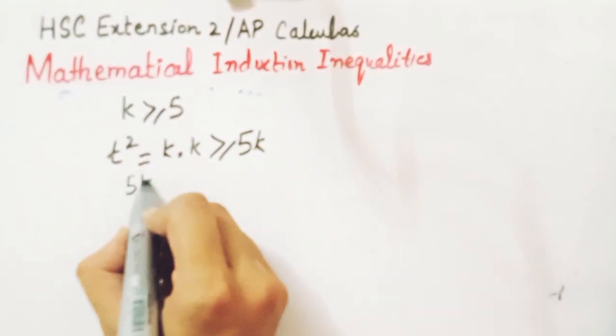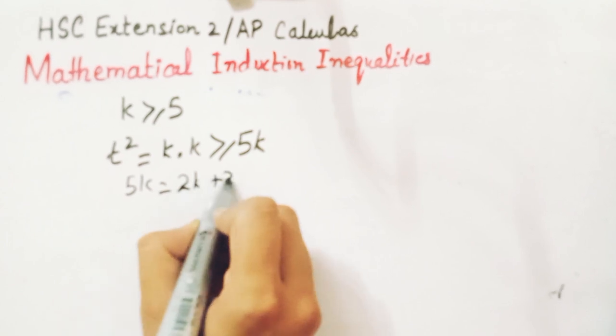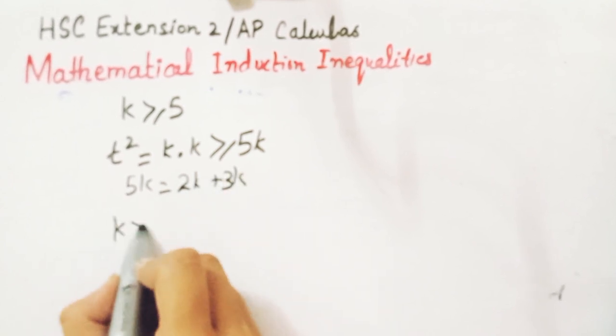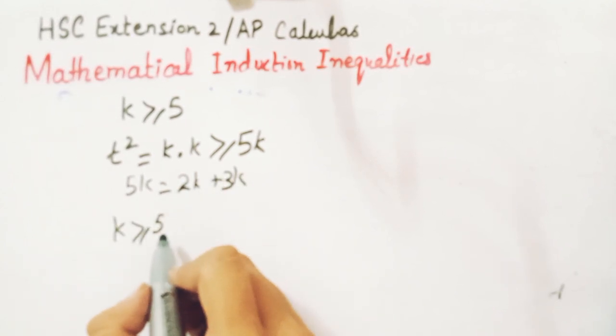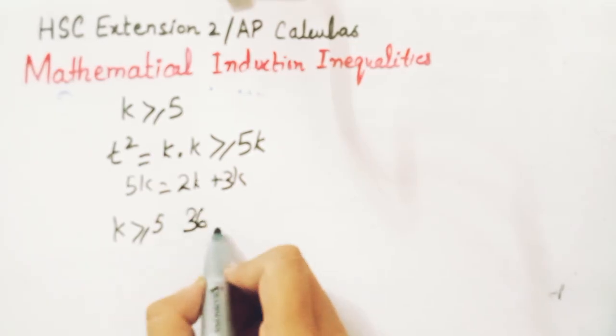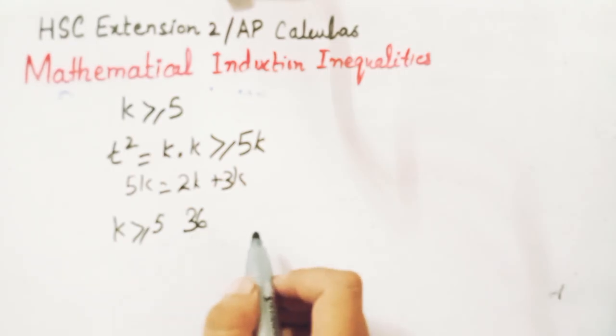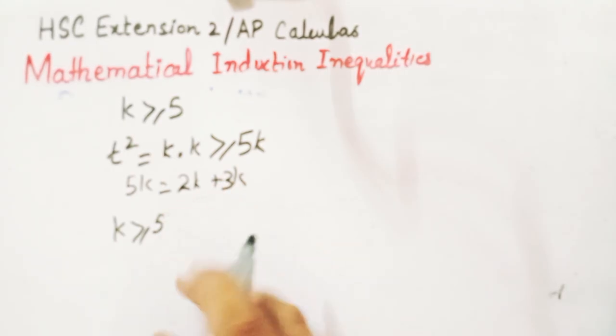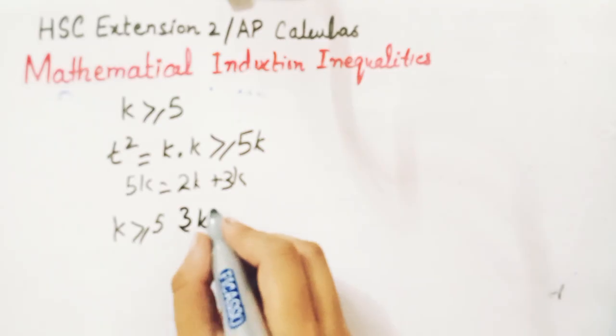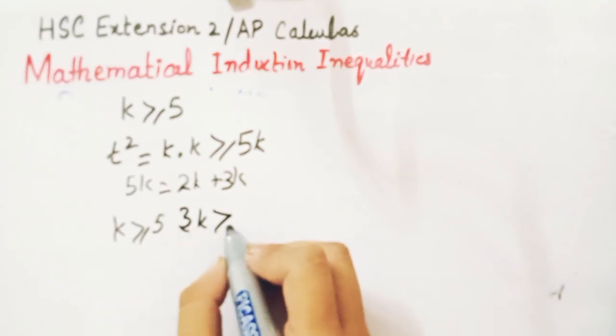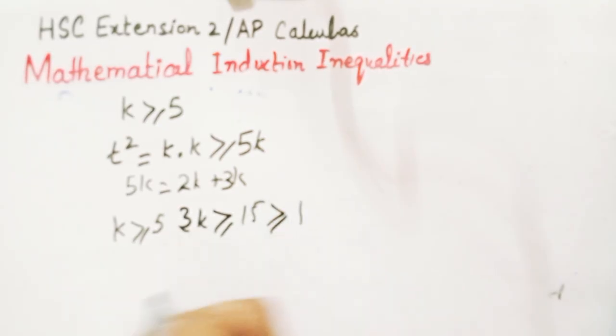Then 5k equals 2k plus 3k, and since k is greater than or equal to 5, 3k will be at least 15, and 15 is greater than 1. So we have k square greater than 2k plus 1. So you can see how we have done this.